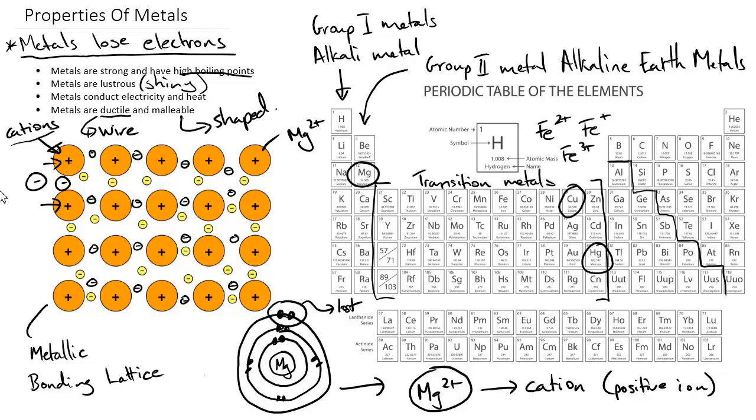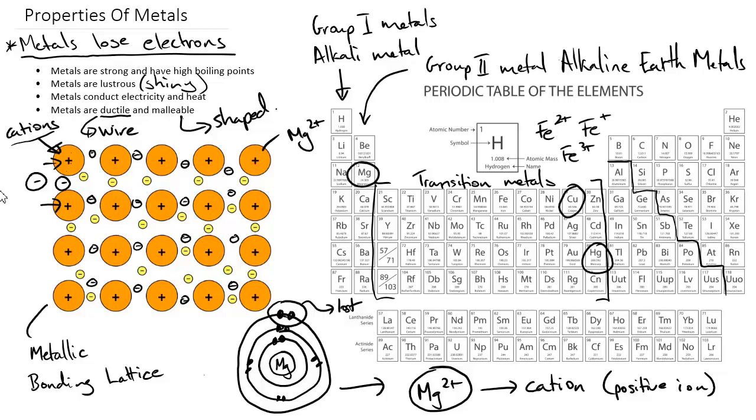Not for every metal, because obviously, as I said earlier, mercury is a metal which can actually be liquid at room temperature, but the majority of them will be incredibly strong and will have high boiling and melting points.